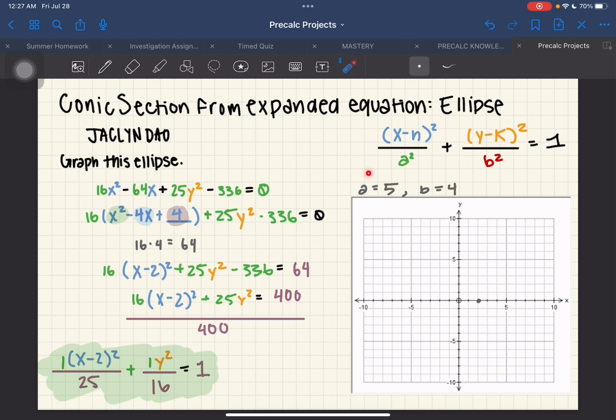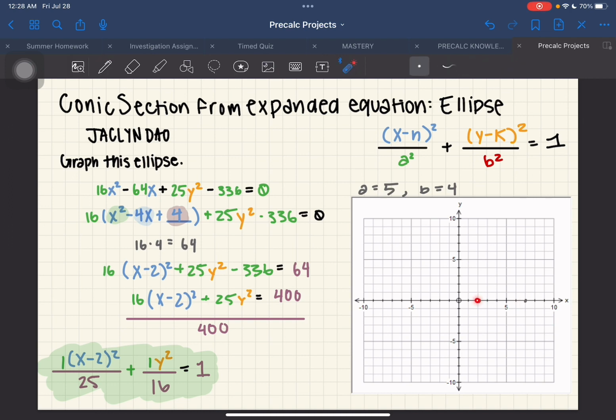When a is greater than b, we know that it will be a horizontal ellipse. So we have to add and subtract 5 from our center to get our vertices. We're adding or subtracting 5 from 2. So 1, 2, 3, 4, 5. This is our first vertex.